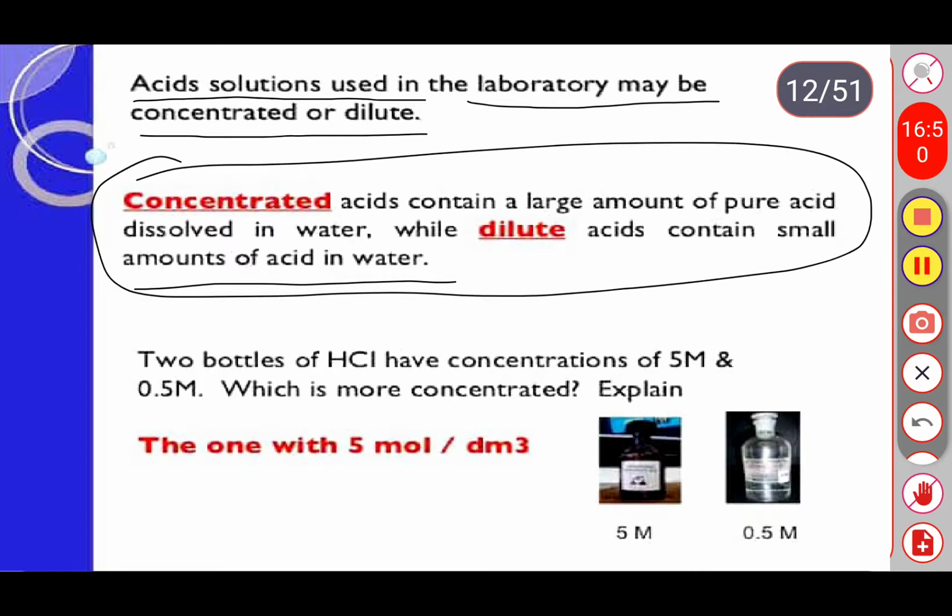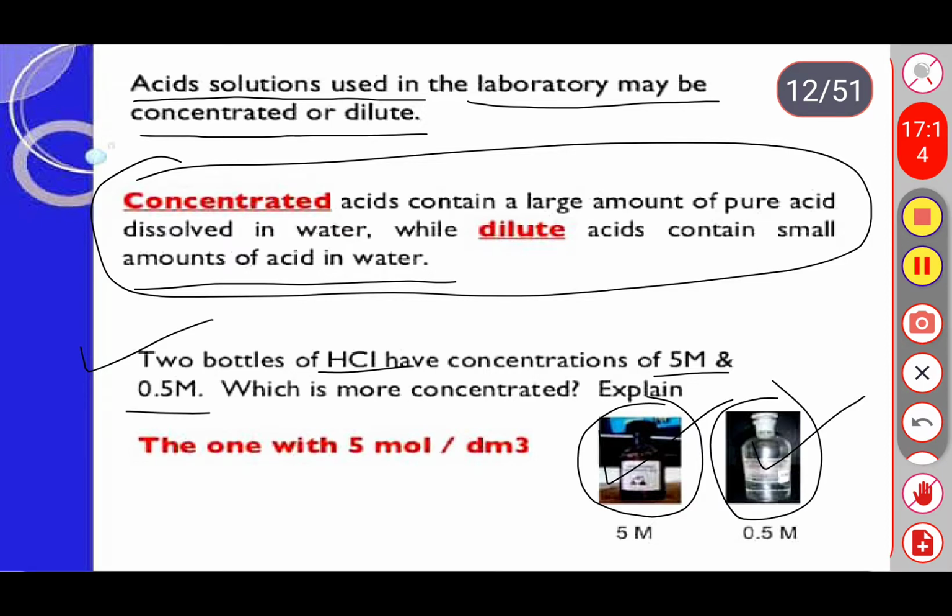So take one example. Two bottles of HCl have concentrations of 5 moles and 0.5 moles. Which is more concentrated, and explain. This is the first image and the second image. The first bottle has a concentration of 5 moles of HCl, and the second bottle has only 0.5 moles.